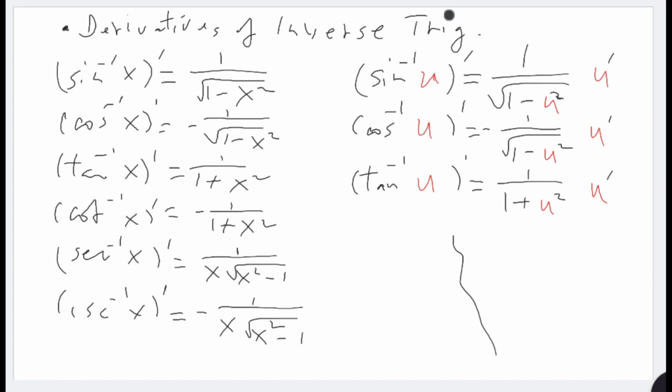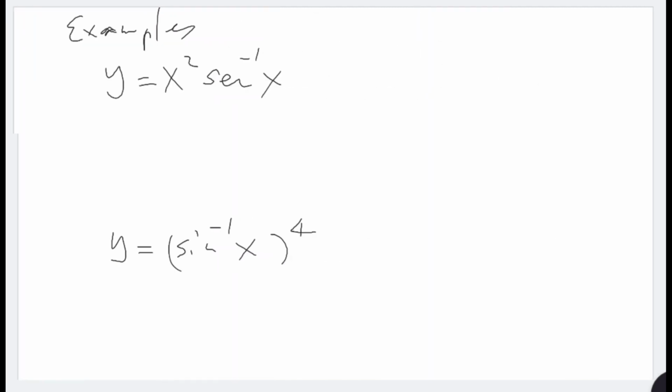I'm going to show you an example. First we see x squared times inverse secant x. It's a product, of course.